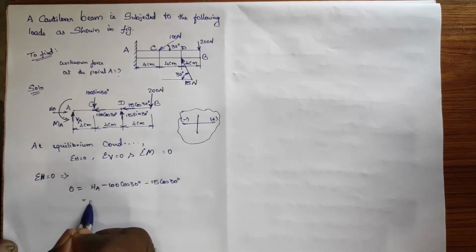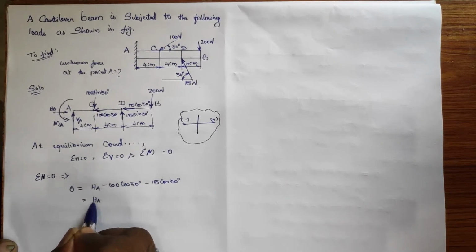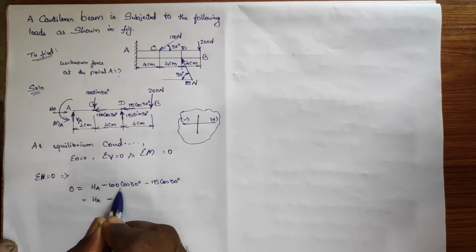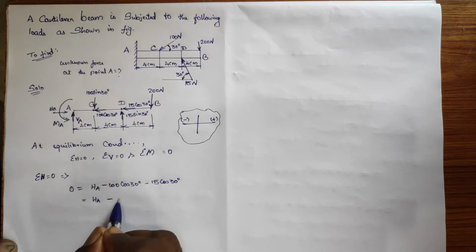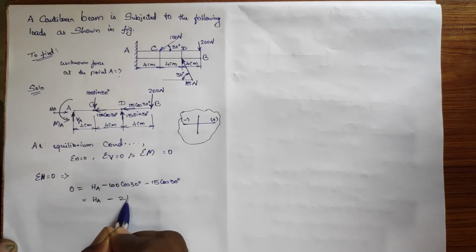Just simplify it: HA minus, if you add these two using your calculator, you will get 216.5.